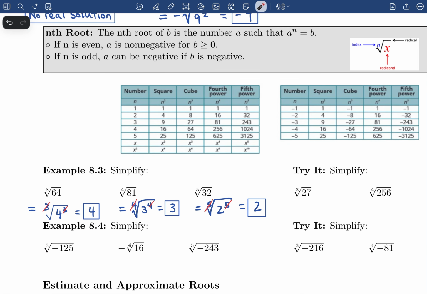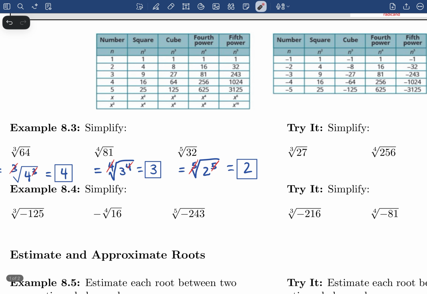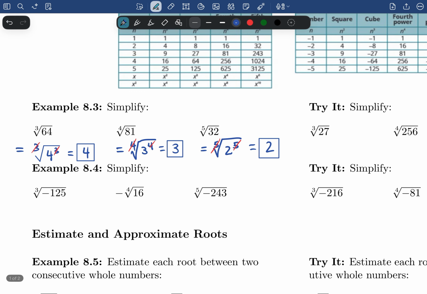So I'm going to show you that if I take the cube root of negative 125, I could go over here on this list, and I could say, I'm dealing with an index of 3, so I'm thinking in cubes, and I go down to negative 125, and the cube root of negative 125 is negative 5, okay? And so I'll help your brain think this through.